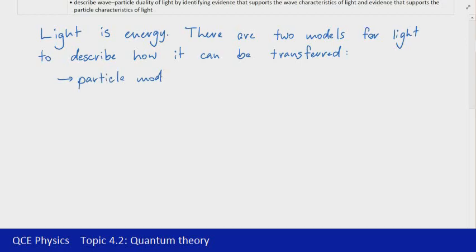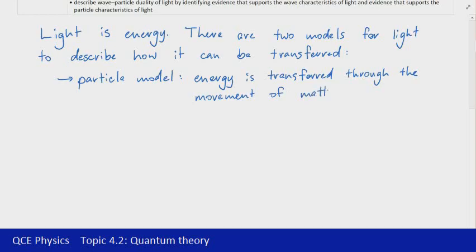And the particle model basically is just looking at that idea that energy is transferred through the movement of matter. And when we're talking about matter in this case, I'm going to put that in inverted commas. As we go through, you'll see it's difficult to think about light as being matter as such. But there are certain properties of matter that we can refer to that it appears as though light does behave as a particle.